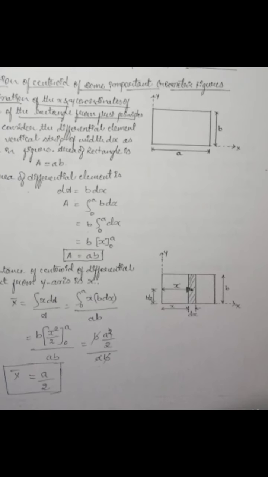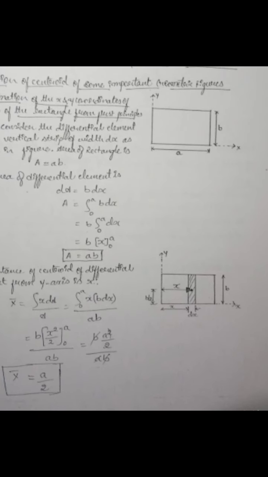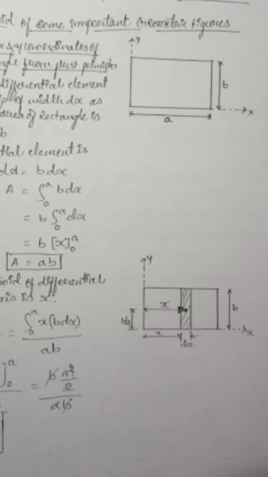The area of that elemental area is nothing but dx into b. Whatever strip I am taking, the area of that small strip, the hashed portion, is dx into b. So a small elemental area will be dA.